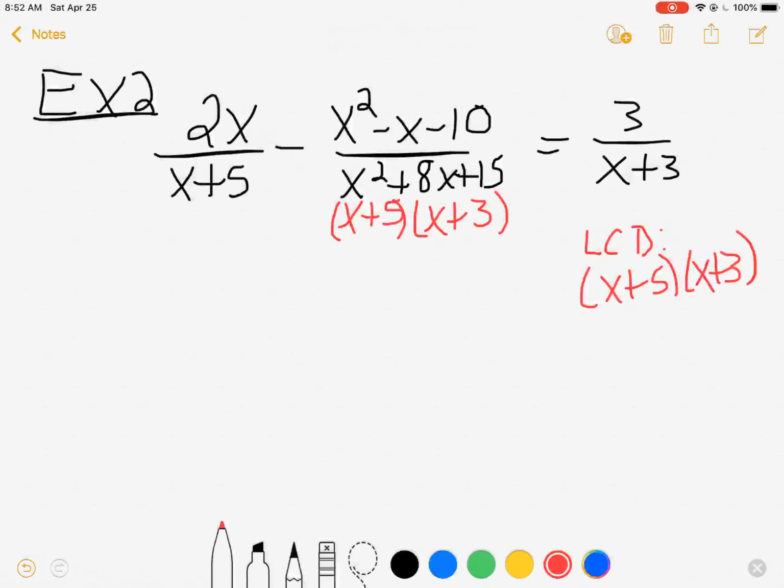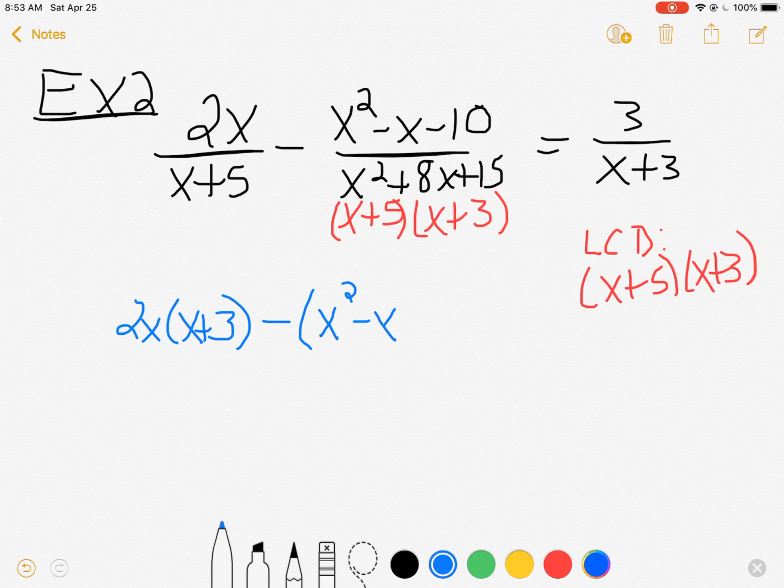So I'm going to multiply that to each one of the fractions. And when I multiply it to the first fraction, the x plus 5's cancel, and I get 2x times x plus 3. And when I multiply it to the second fraction, x plus 5 and x plus 3 both cancel, and I get the numerator. And I want to keep that in parentheses, so I'm careful not to lose a sign. Very important.